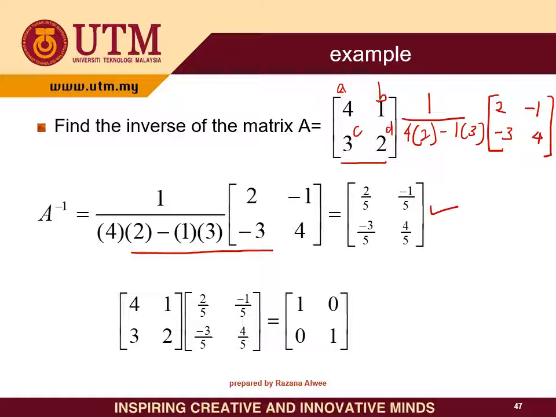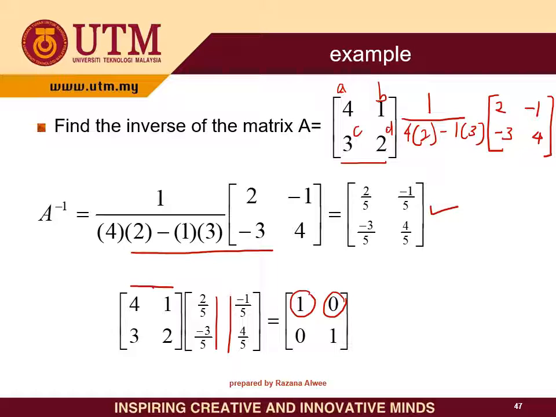How to check whether this A inverse is the correct answer for your matrix A? You can make a calculation: the first row multiplied by the first column, and then you will get 1. The first row multiplied by the second column, you will get 0.